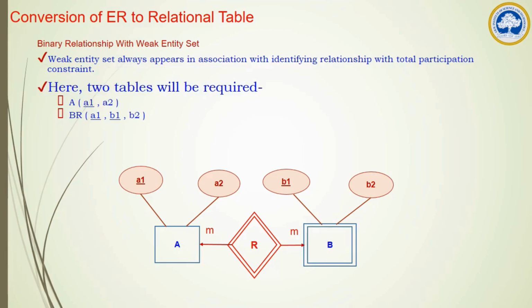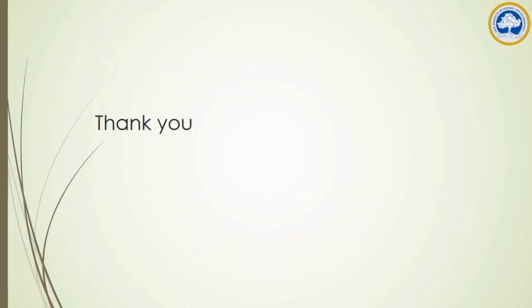The first table will be denoted as table A, with the keys A1 and A2, whereas the merged BR table will have the keys A1, B1 and B2. Here A2 is a weak set. With this, I complete the topic of conversion of ER diagram into relational tables.